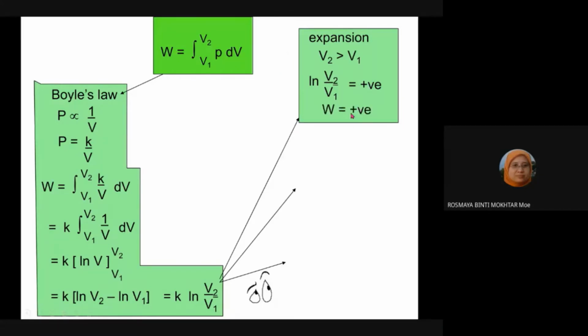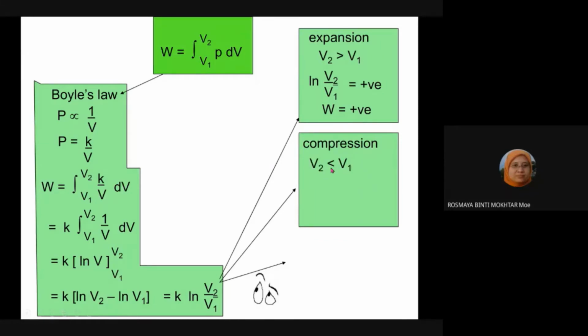The next one is compression. Compression means the final volume will be less, V2 less than V1. So with the log rule, if the ratio is 0 point something, you get a negative value. You can check with your calculator.